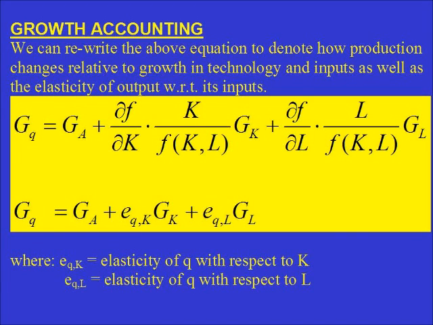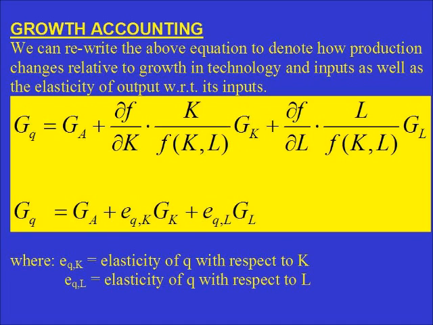So our growth in production is going to equal the growth in A, that's technological change, plus the elasticity of production with respect to capital, multiplied by the growth rate in capital. So capital will affect the growth rate of production two ways. One, by how much capital grows, in other words, how much we put into capital, and two, the elasticity of capital. And finally, the same thing for labor, the elasticity of labor times the growth rate in labor.